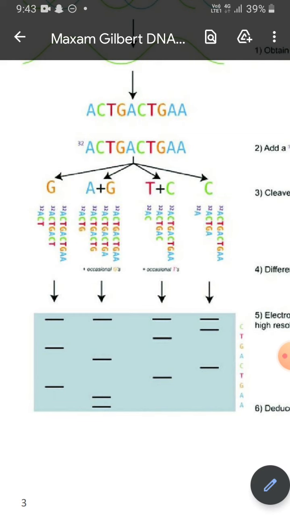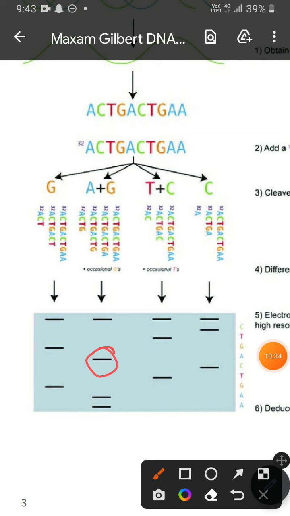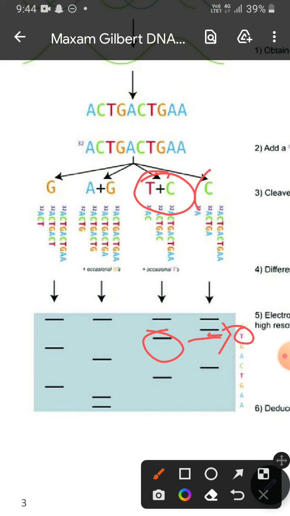And if you have a band which is not present in this one, in that case we have to consider that this band will indicate A. As you can see, this band is indicating A. Similarly the band which is present in C plus T, if absent in C, will simply represent T. And similarly the band which is present in C plus T and also present in C will represent C. And in case of G and C, the band which is present obviously indicates C and G.